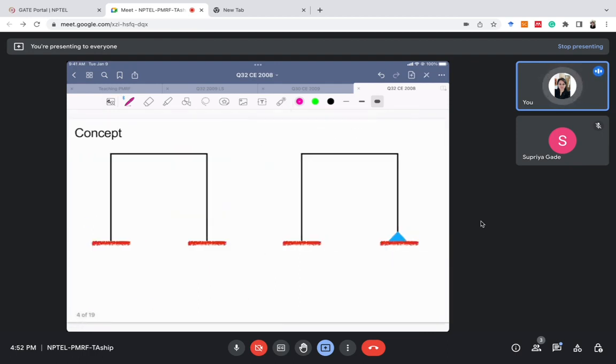So now we'll see how to use this open tree like structure technique. In this technique we have to make a cut in the structure such that it will make an open tree like structure.